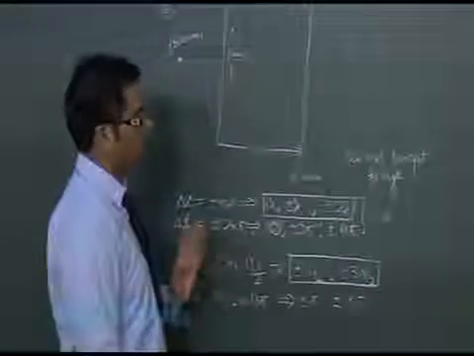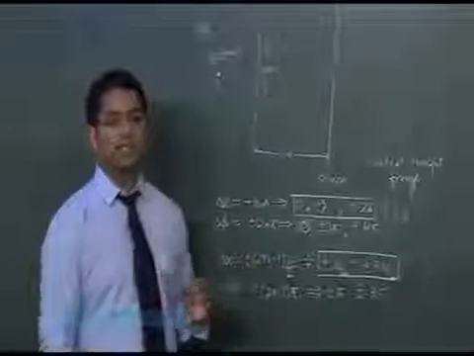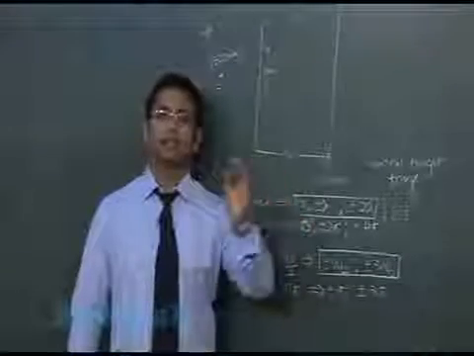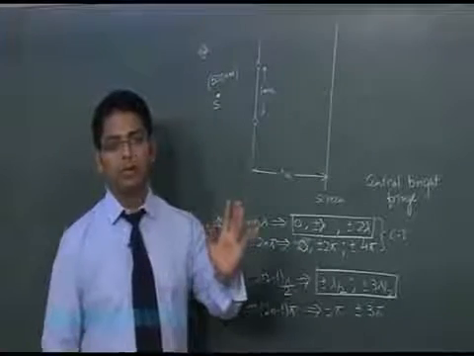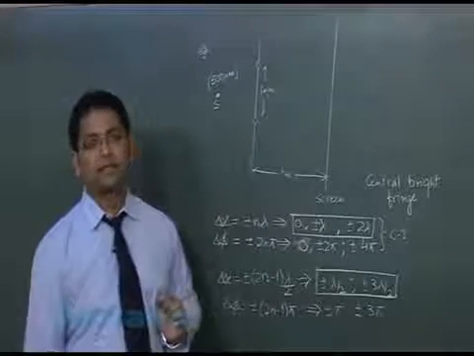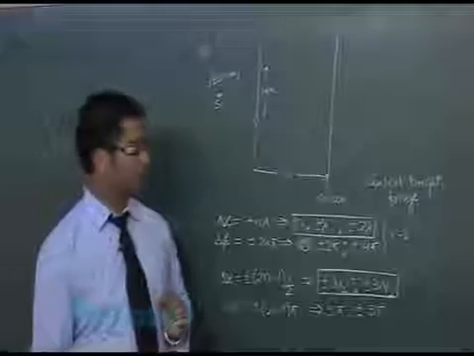So you should be very comfortable with the language. If the question says locate the third bright fringe, that means the point where the path difference is plus minus 3 lambda.